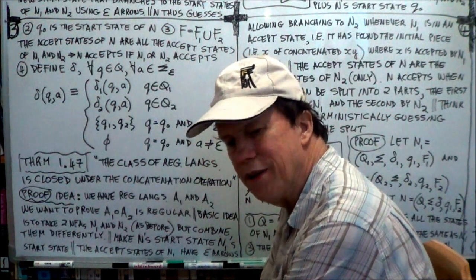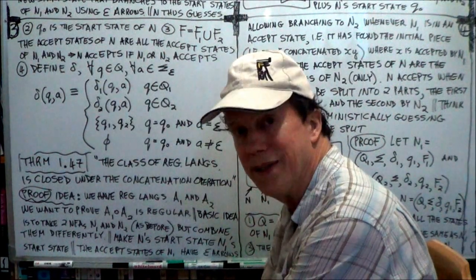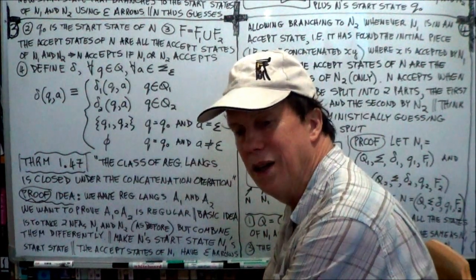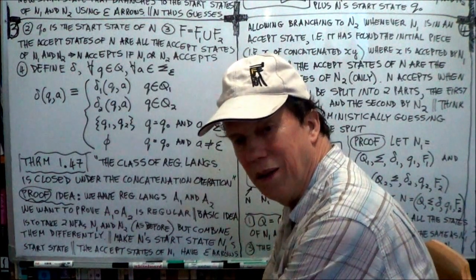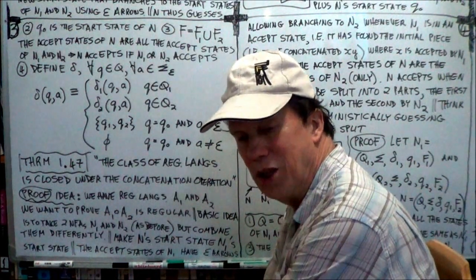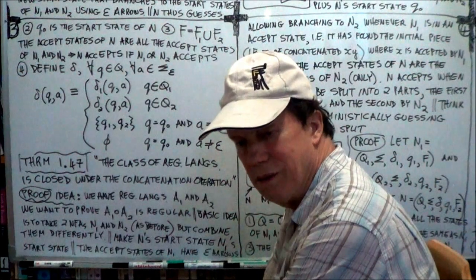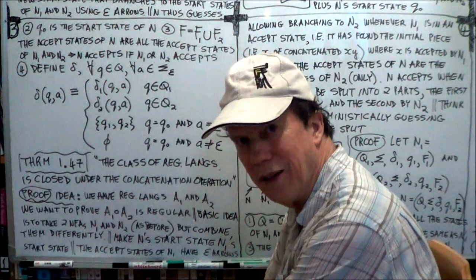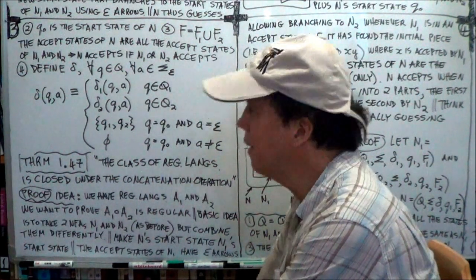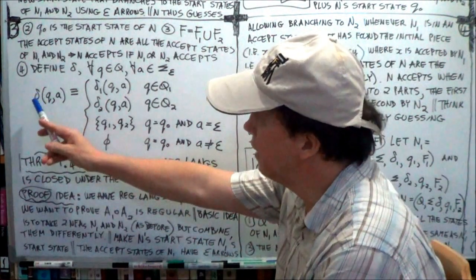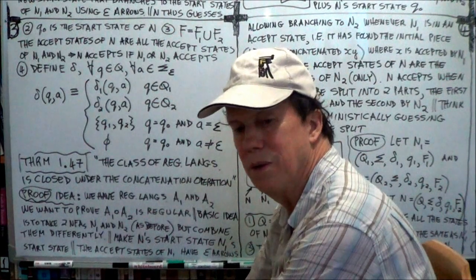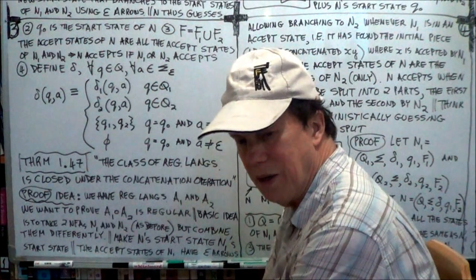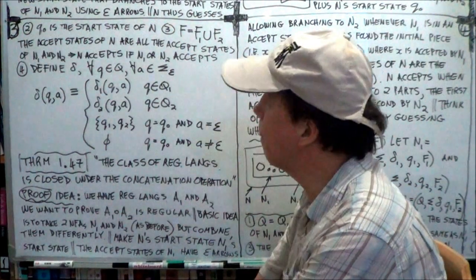Now, it's an NFA, so that next state may actually be a set of next states, and each member of that set corresponds to a machine that processes independently of the others. So in an NFA, this transition function gives you the next state, or a set of next states.